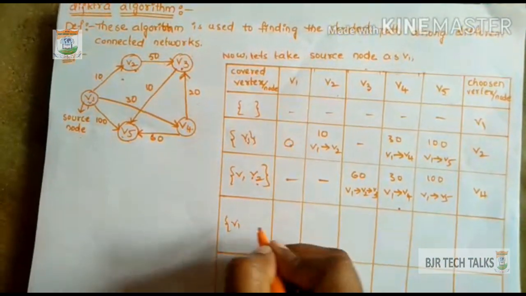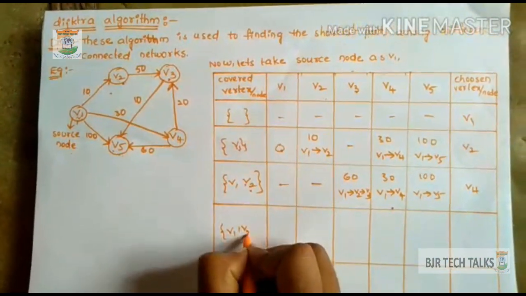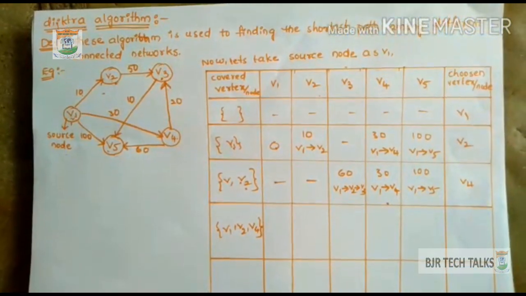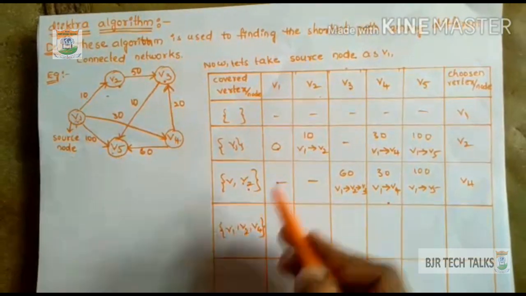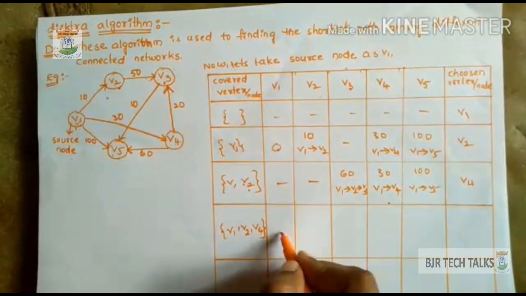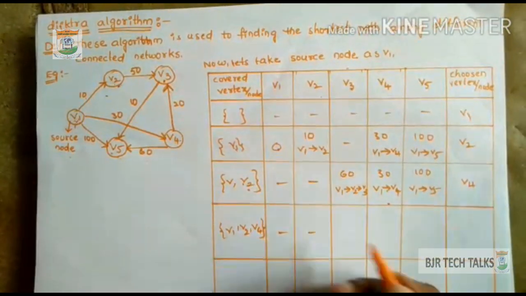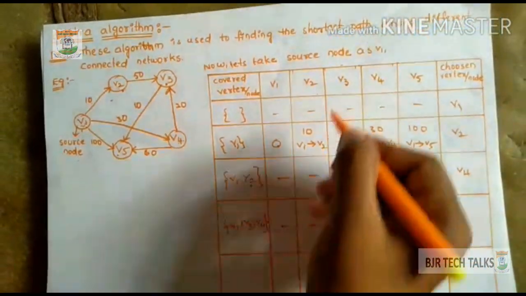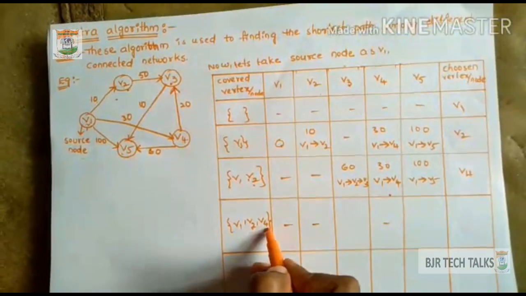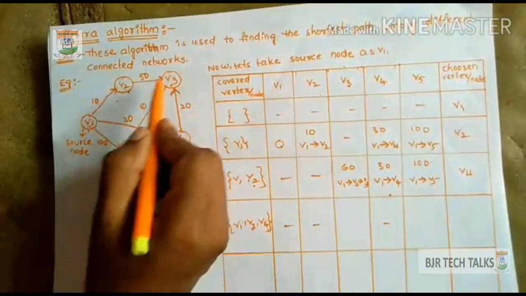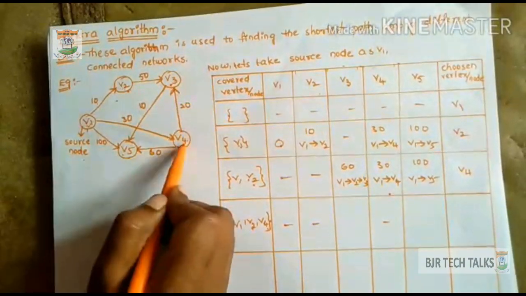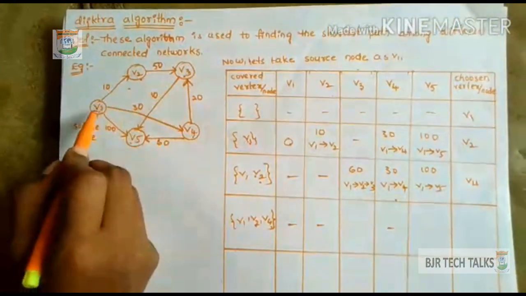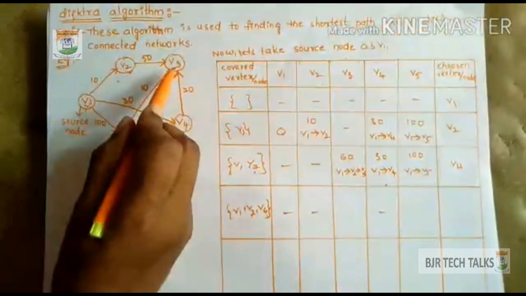Now the covered nodes are V1, V2 and V4. V1 is already covered, V2 is also covered, V4 is also covered. The distance from V1 to V3 with the help of V2 and V4. There are two ways, V1 to V2, V2 to V3 and V1 to V4, V4 to V3.